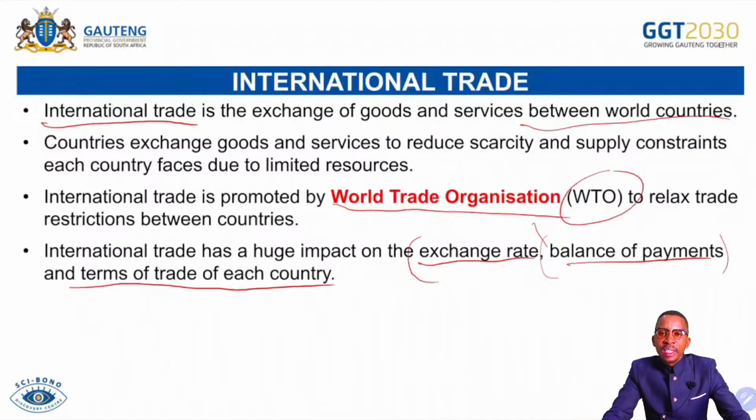But should the country have more inflow of foreign currencies than outflow of domestic currency, that is good for us, because it means we are very competitive in the global market. There are so many transactions that we bill abroad, which means we receive more money from abroad, which increases our economy.